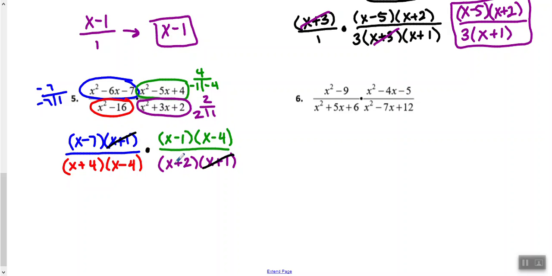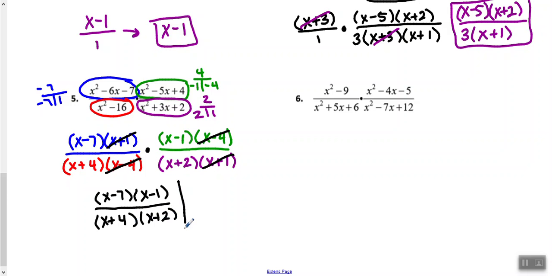X minus 1, nothing on the bottom, x minus 4, and x minus 4. So then I am left with parentheses x minus 7 and parentheses x minus 1 on the top, and then parentheses x plus 4 and x plus 2 on the bottom. And that's my answer.